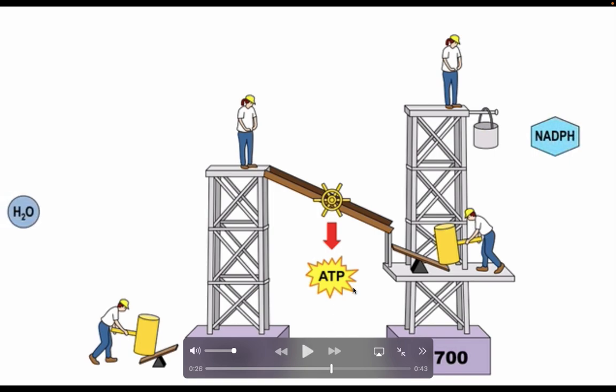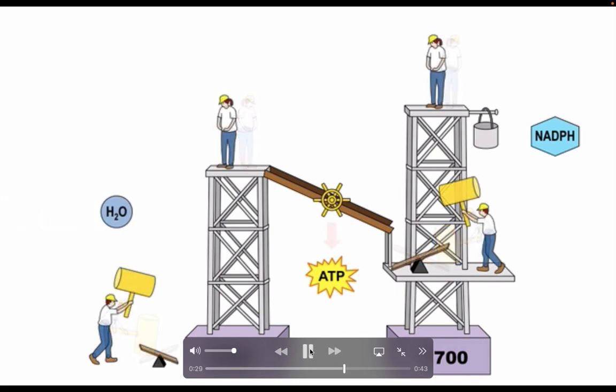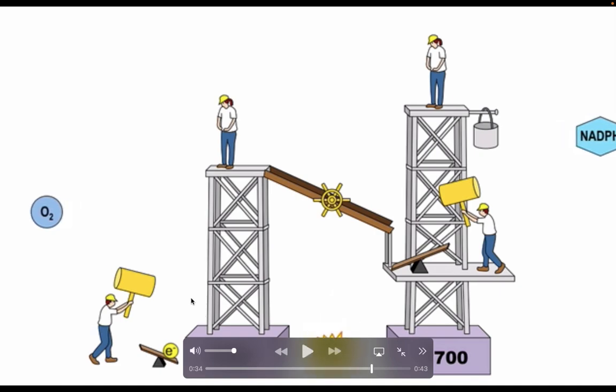So as a result you produced ATP, you produced NADPH, and now all you need to do is replenish that electron which was lost by chlorophyll, and you're going to do it by splitting water into electron, oxygen, and also hydrogen ion or proton, which is not shown on the animation, but in reality it's going to join that NADPH substance.